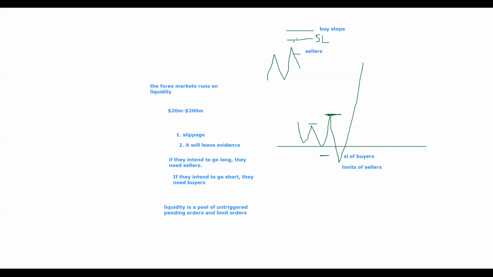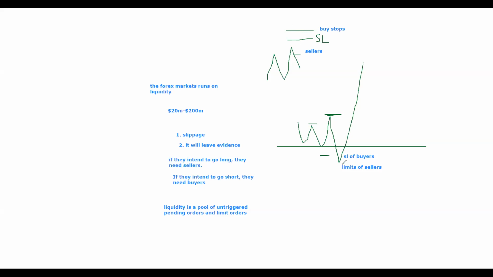Up here, they create sell side liquidity. The long side liquidity here is from the selling of the triggered sell stops and stop losses of those that are buying. At this level, the sell side liquidity is the buy pressure created above this from the stop losses of the initial sellers and buy stops.